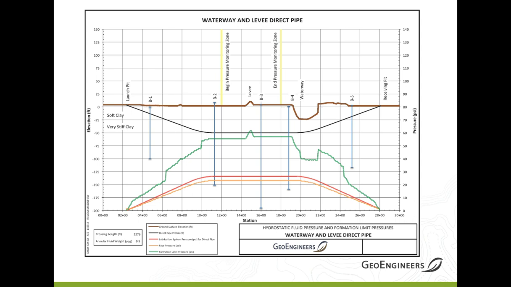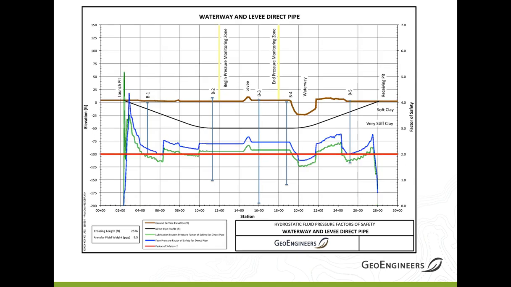And the pressure of the lubrication fluid, which we calculate assuming continuity from the ground surface and a drilling fluid unit weight down to the point of interest. So that's how we calculate that. And as you can see, when we divide those two together, we achieve the factor of safety of 2 that we're looking for.